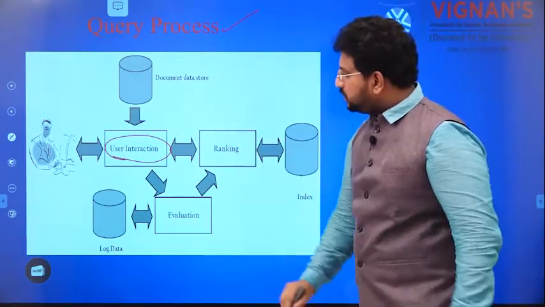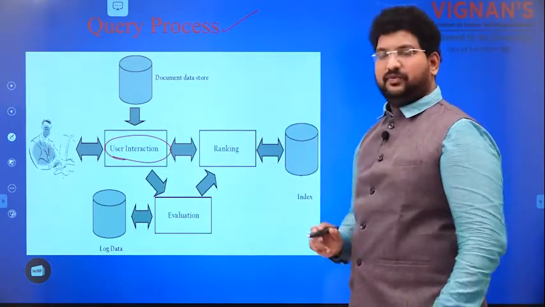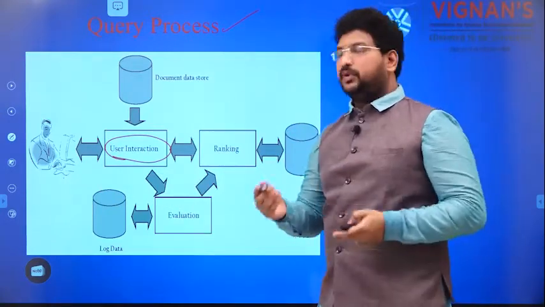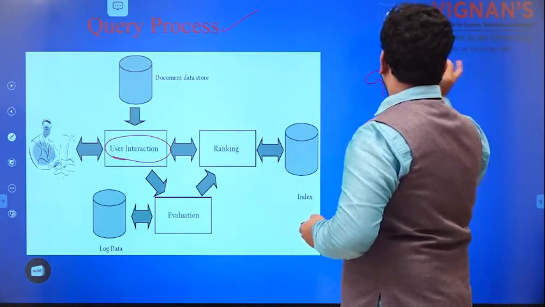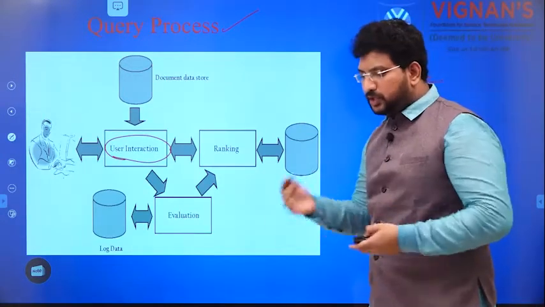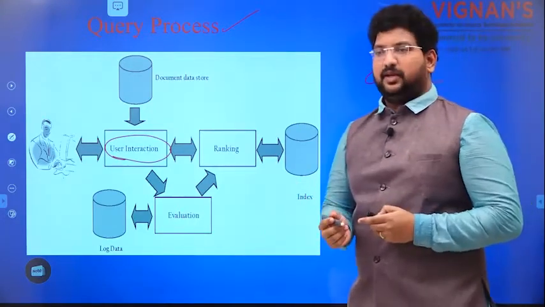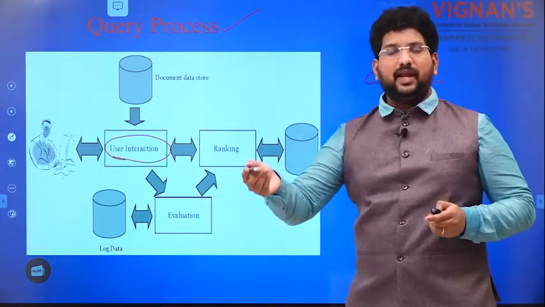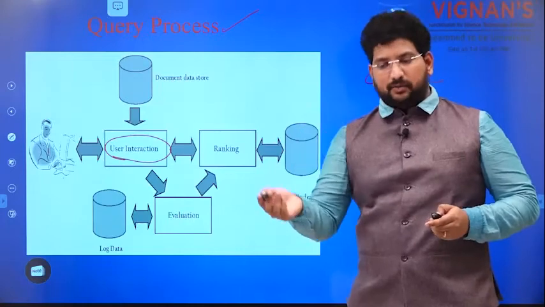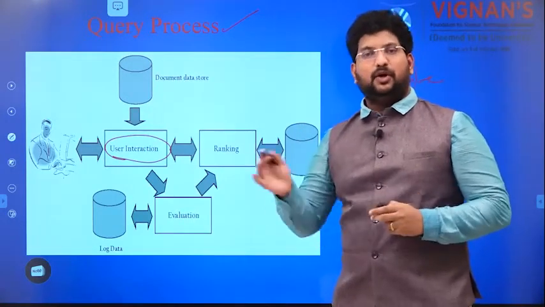Here is a person, and he is able to interact. For example, whenever you go before Google, you will have a user interface. Whenever you want to retrieve any information from the web, you open www.google.com.